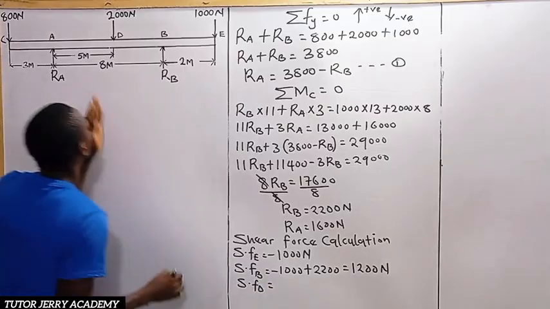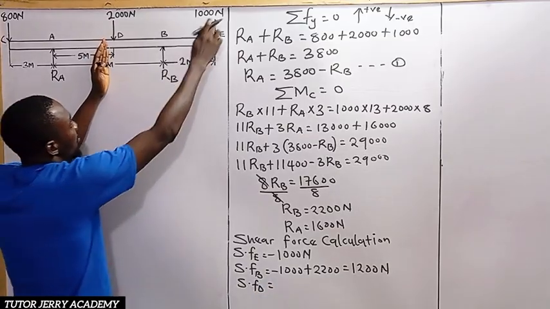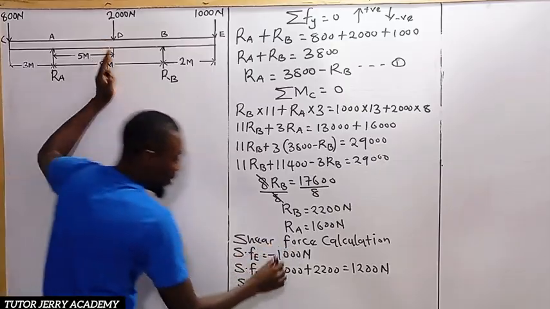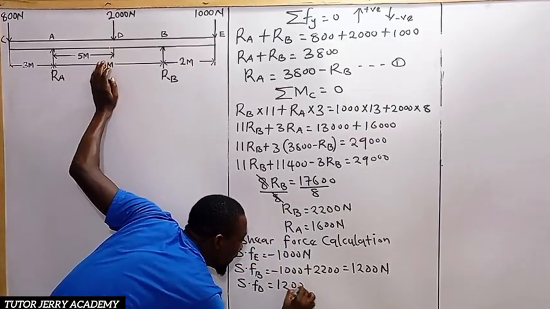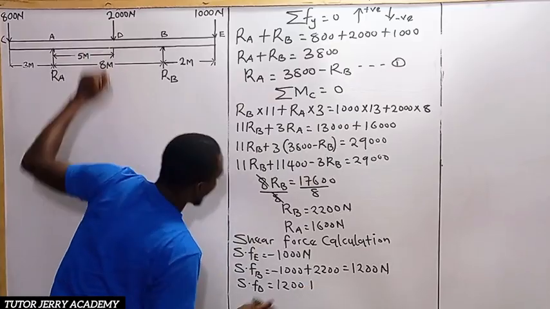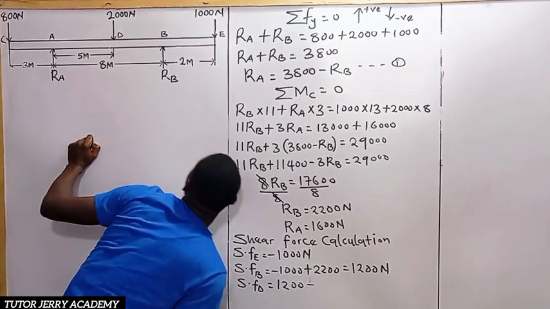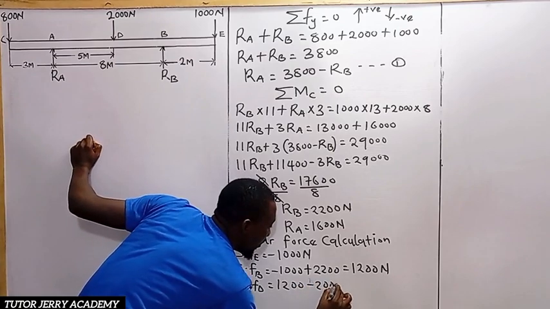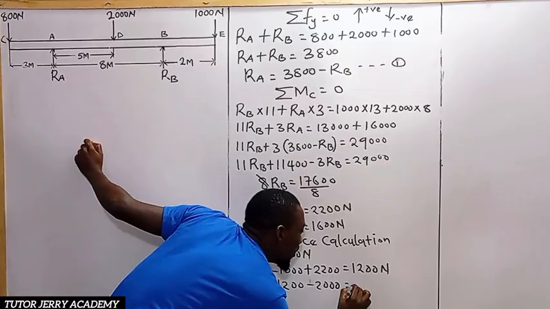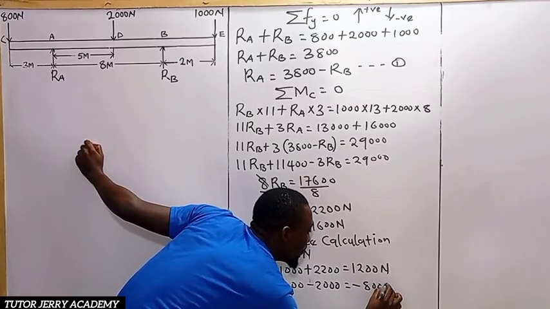The shear force at point D. Alright, so if you stand at point D, we are going to have three forces. This and this, we have added them to give us 1,200. And the next one is a downward force, which is going to be minus 2,000. So that is going to give us a negative 800 Newton.